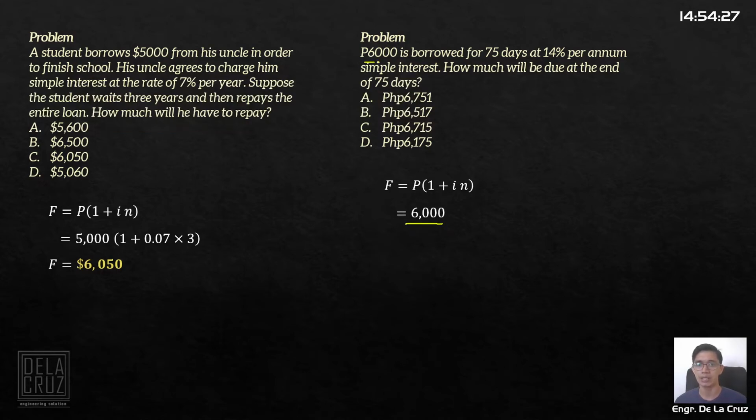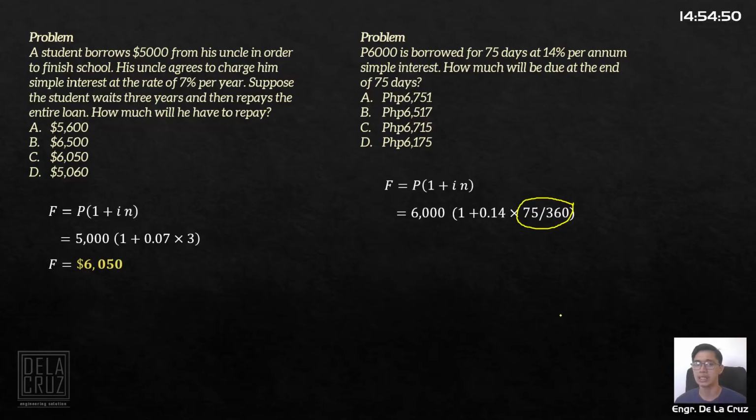6,000 as for the present value. Quantity 1 plus 14% is 0.14. Okay, 75 days. Convert natin yan in 1 year. So, again, assuming ordinary simple interest, 75 days divided by 360. So, that becomes year.